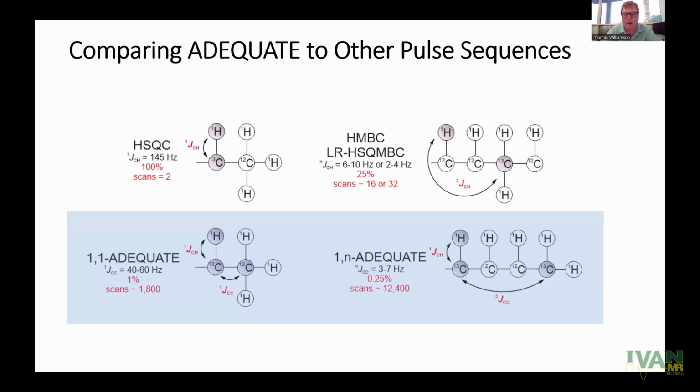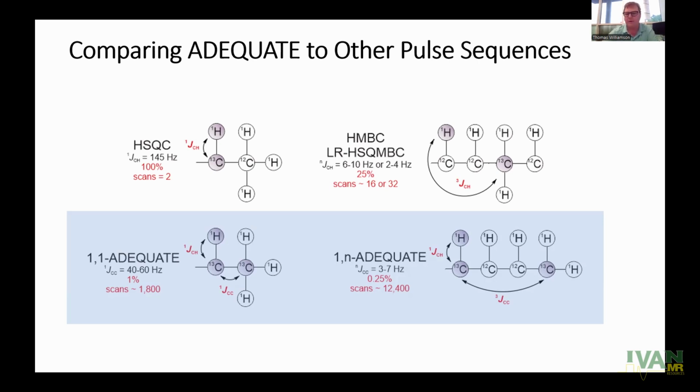A lot of people have been thinking about this for a long time, and there have been a number of different approaches, some using COSY type correlations for systems where we have protonated carbons in the location of the two bond HMBC spot. And when we don't have protonated carbons in that location, we've opted for things like the 1,1-ADEQUATE type experiments.